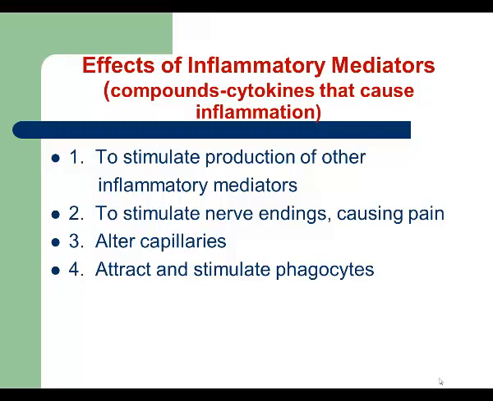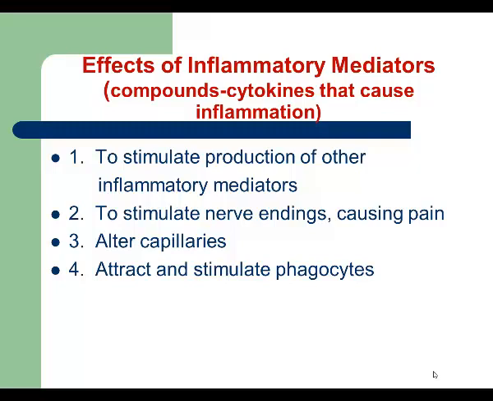For example, why do we develop redness as a symptom of inflammation? Because inflammatory mediators will dilate blood vessels and will increase blood flow to the site of infection. Why do we develop swelling? Because inflammatory mediators will increase the permeability of capillaries at the site of infection.